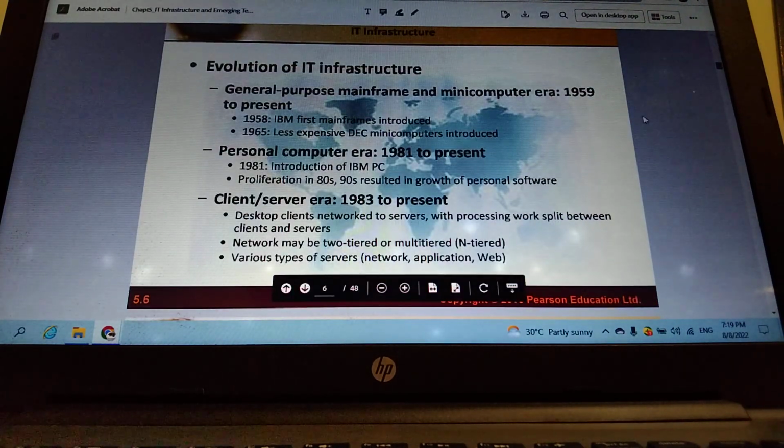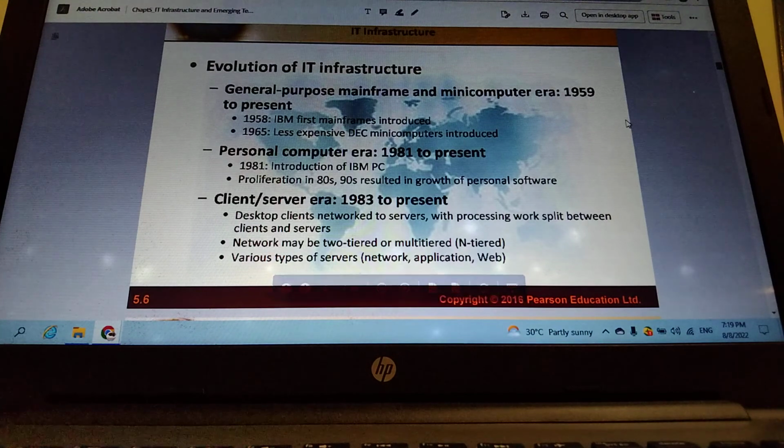Continue on IT infrastructure, just to give you some ideas. It all started back in 1959 or even earlier than that. In fact, even during World War II, some of the countries already started using MIS facilities or technology.